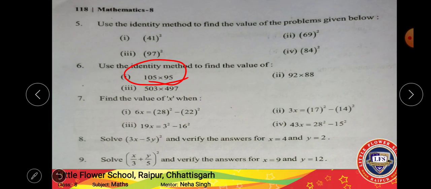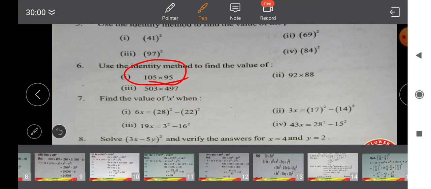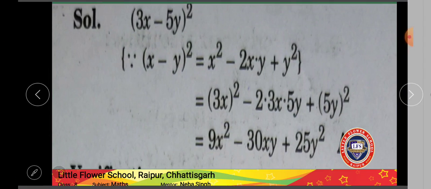Moving on to the 8th question. The 8th and 9th questions are the same. The method is the same for both. Okay? Now, (3x minus 5y) whole square. You need to solve this and verify for x equals 4 and y equals 2. The first part, that is solve, is simply easier.